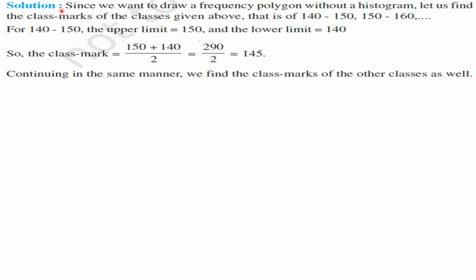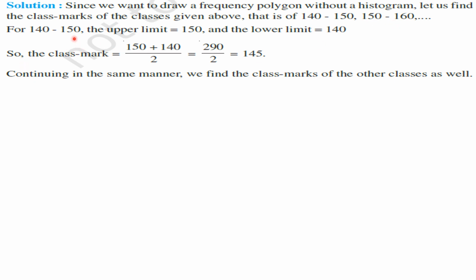Now come to the solution part. Since we want to draw a frequency polygon without a histogram, here we are not constructing the histogram of the given frequency distribution. Let us find the class marks of each class given above, that is 140 to 150, 150 to 160 and so on.